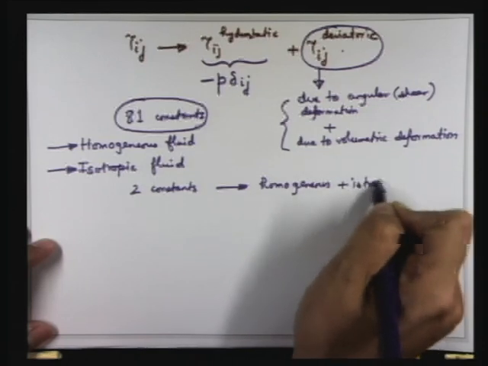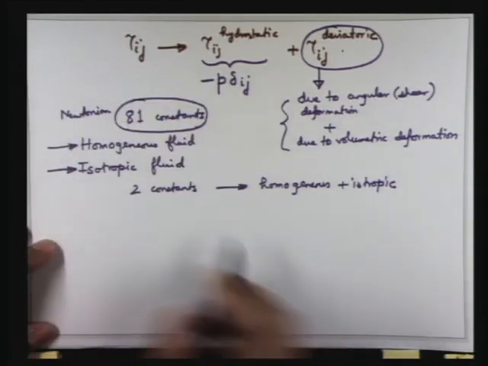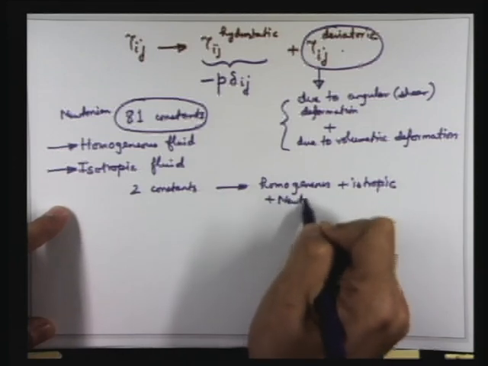So these are the special considerations we have made: 81 constants for Newtonian fluid, and two constants for homogeneous plus isotropic plus Newtonian fluid.